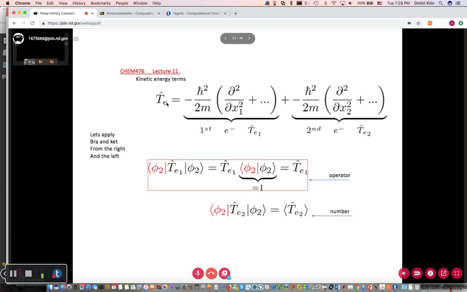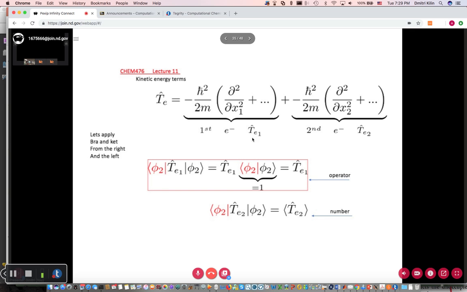So on the previous slide, we were dressing this kinetic energy operator with bra and ket for the second electron. Do you see this underbrace for the first line? The first portion is the kinetic energy for electron 1, so T sub E1. And the second combination of terms is the kinetic energy for the second electron, T sub E2.